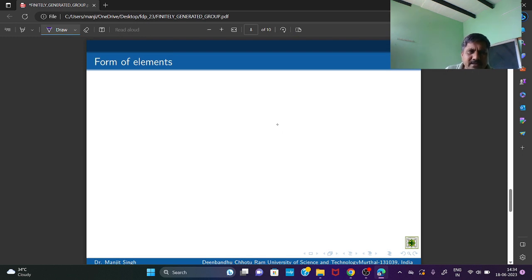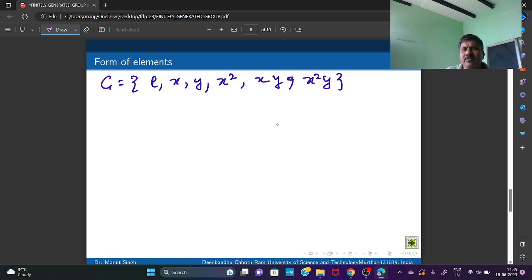Like if we take a group G with elements 1, E, x, y, x square, xy, and x square y. So this is a set, and we define the binary operation like this: x cube is equal to E, y square is equal to E, and xy is equal to y x square.